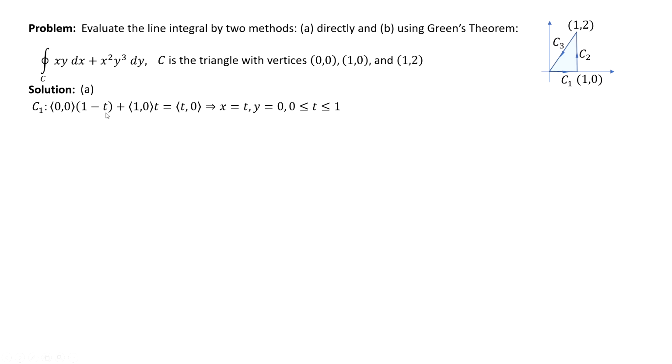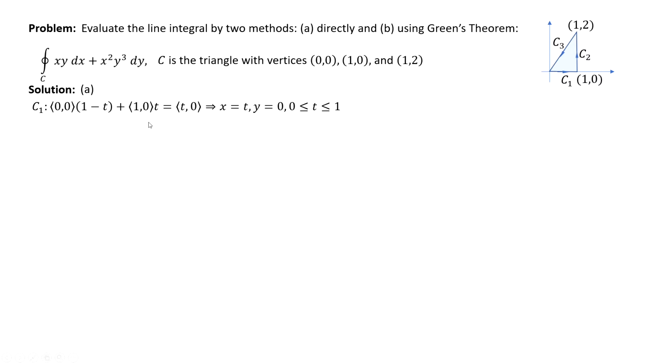Well, when t is 0, that means we have the initial point, and that's this guy. That seems to make sense. Likewise, when t happens to be 1, t is going from 0 to 1. When t happens to be 1, this quantity goes to 0, leaving us with 1 times just the terminal point.